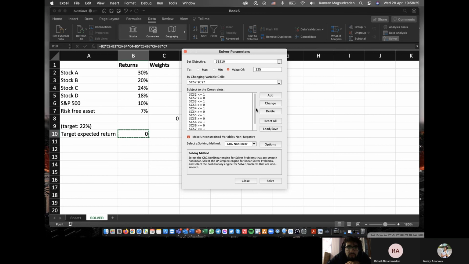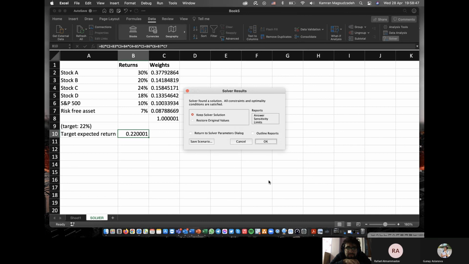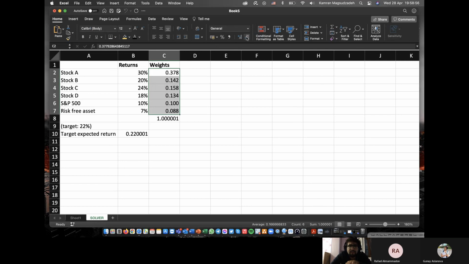They are correct. Okay, so we can easily solve our equation. Let's see. Excel found the solution. So our weights should be allocated in that way.